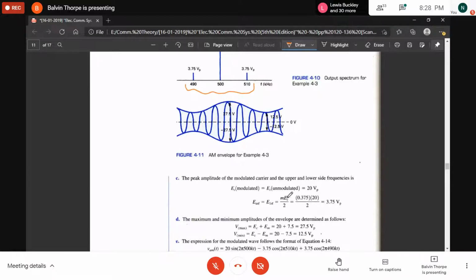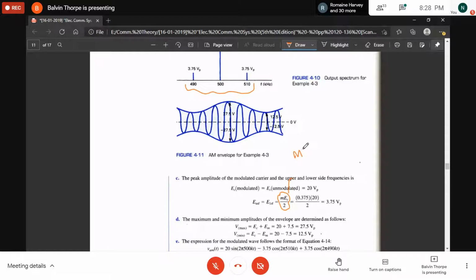So we know that this is what we're going to use to represent the voltage in one of the sidebands, and this is the same for the upper and the lower sideband, right? So what we have to do is find the power.